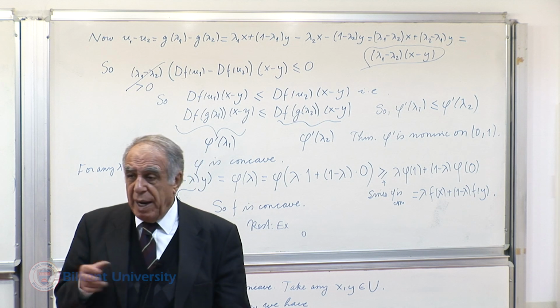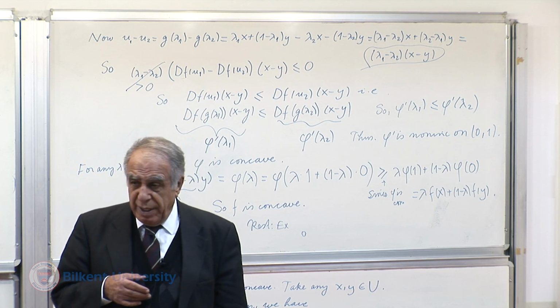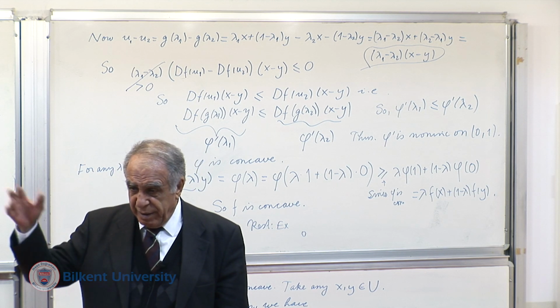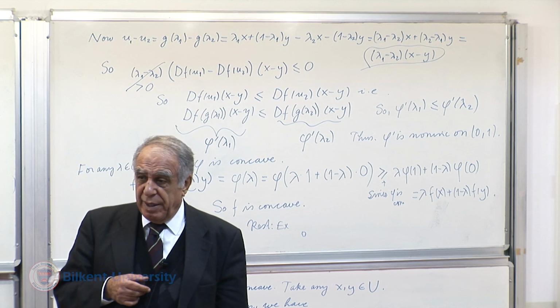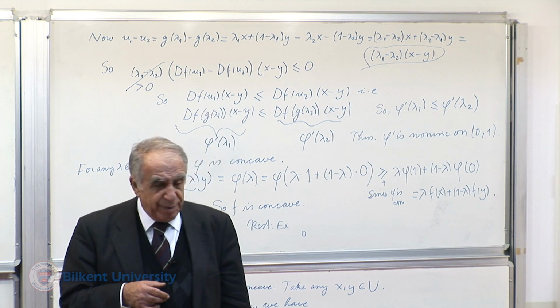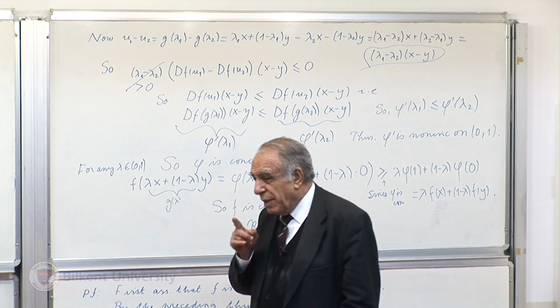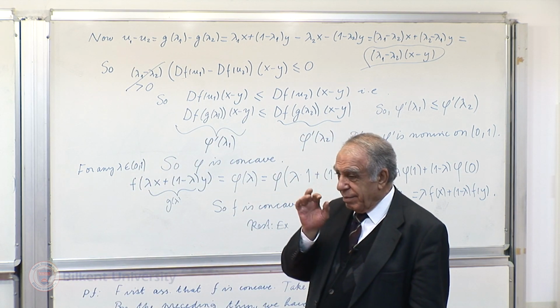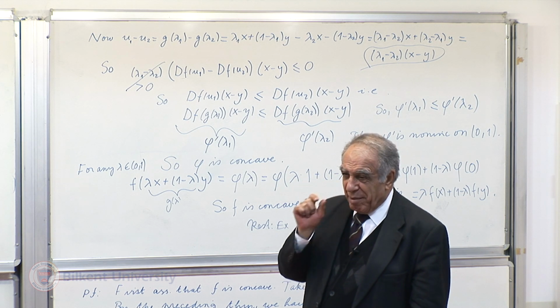F double prime being larger than or equal to 0 corresponds to convexity. Okay?